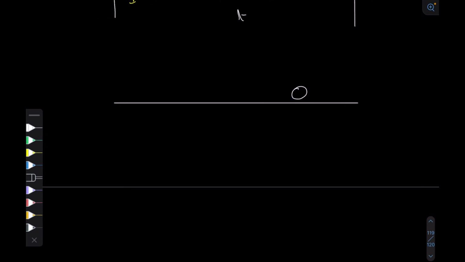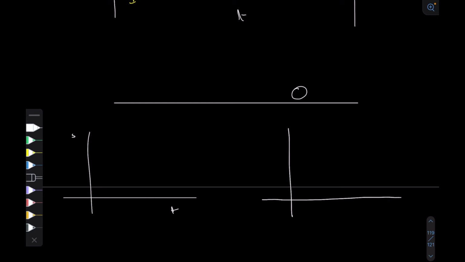So let's take displacement on the y-axis and time on the x-axis, and let's take velocity over here and time over here. One thing you would agree is that the velocity time graph looks sort of like this.